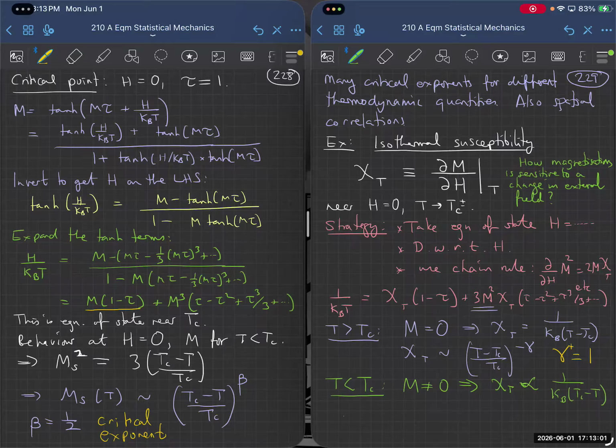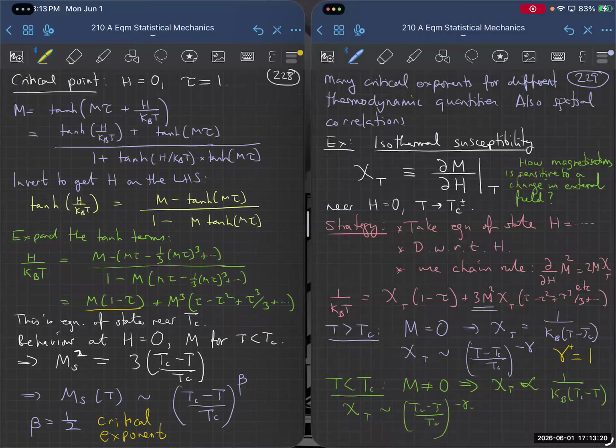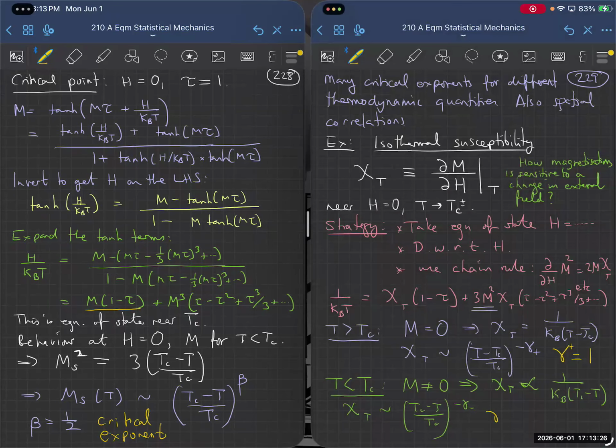And therefore chi goes like Tc minus T over Tc to the power minus gamma minus, and gamma minus is also equal to 1.